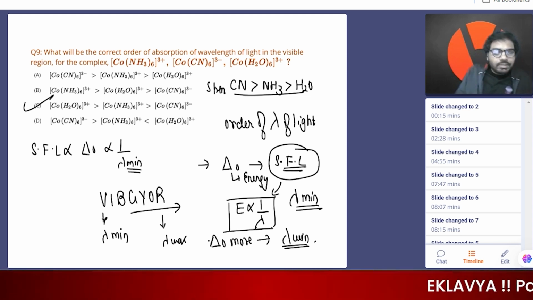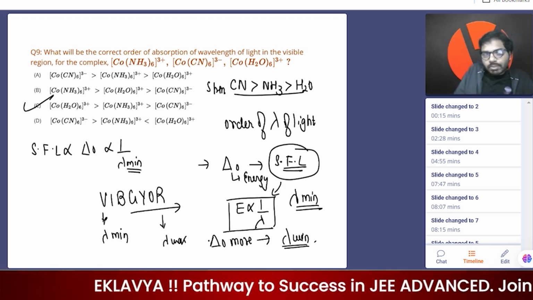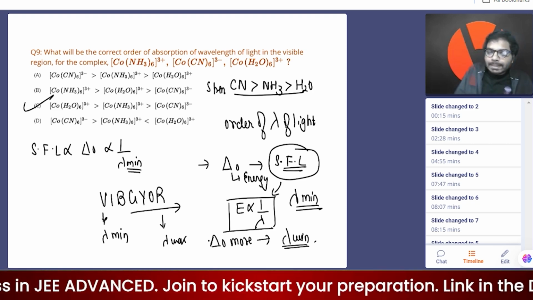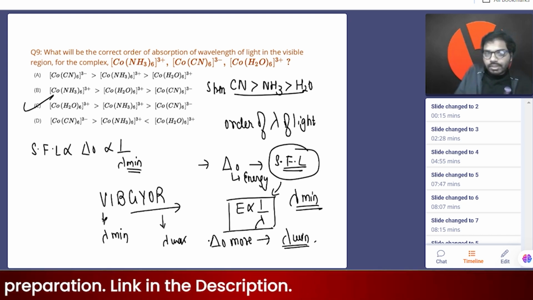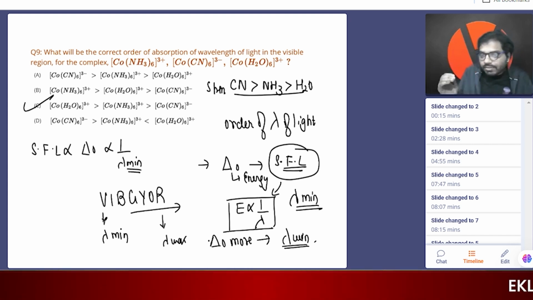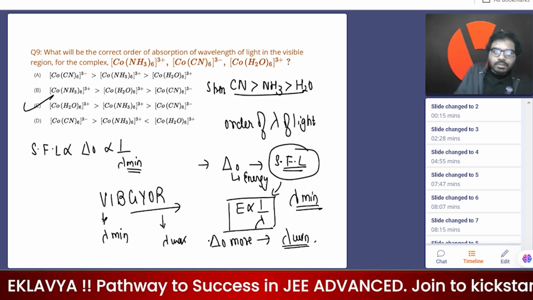So the correct answer for this question will be C. The coordination compound having H2O as a ligand is a weak field ligand, so delta O is less and the absorption of wavelength will be the highest, then NH3 and at last CN. Simple concept: the more the strength of the ligand, the more the energy, and energy is inversely proportional to the wavelength. I hope this is clear to you.